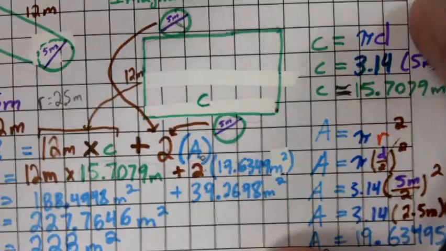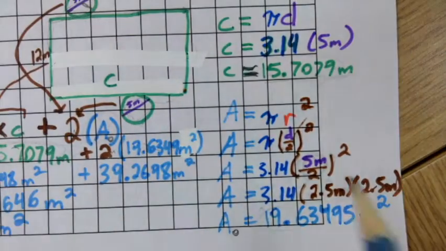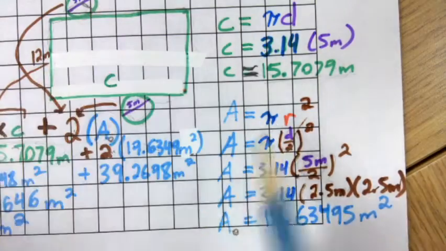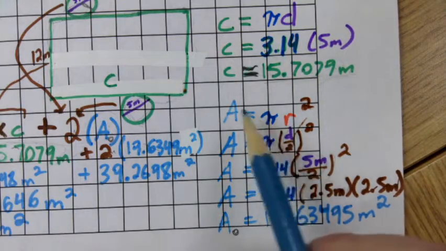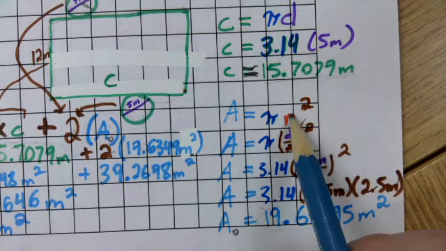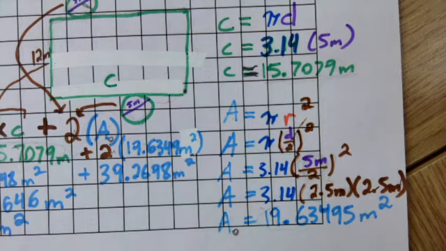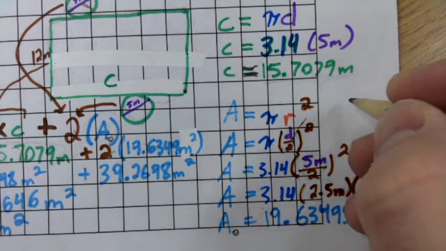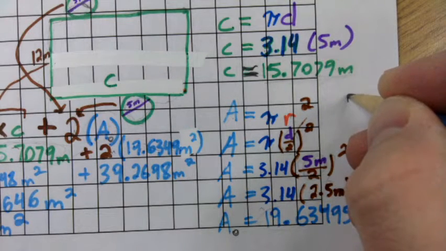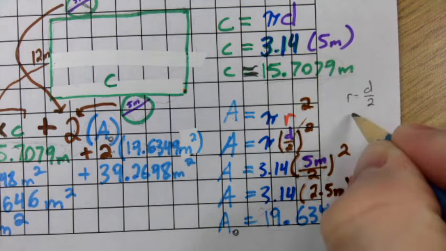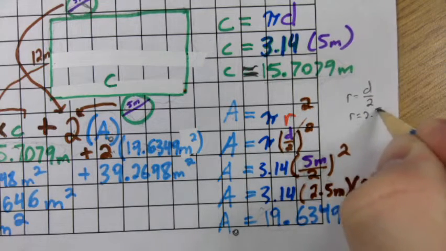And then we need to do the area. Area with our formulas that we wrote, those ones at the top of the page and those brown boxes that we wrote down. Area is pi times r times r. But we don't know r. We could calculate it. So one way we could do it is take r as diameter divided by 2 and figure out that that means r is 2.5.